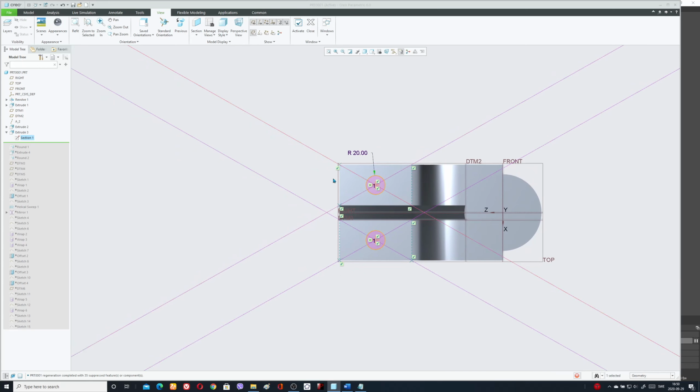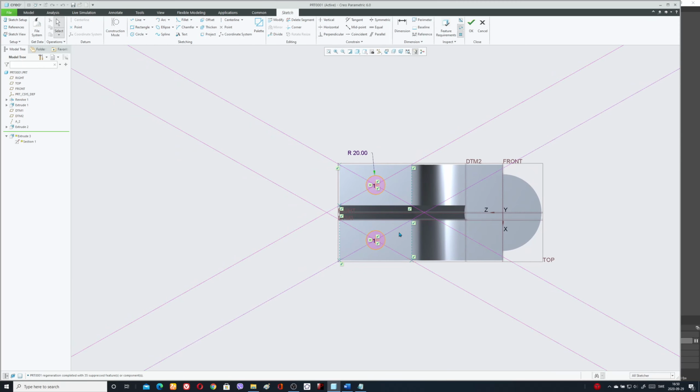So now it's time to take two circles here. I have taken a center line, diagonal like this, diagonal like this, two circles, which are symmetrical here.